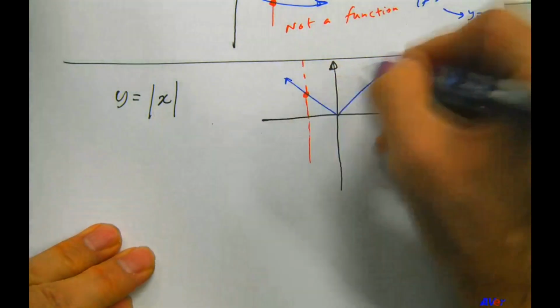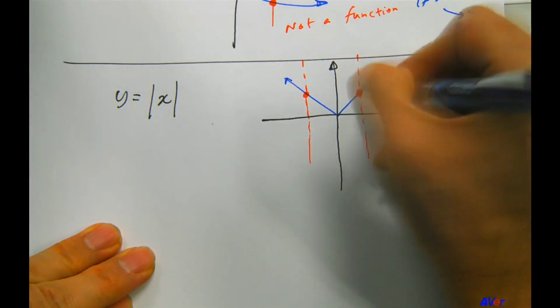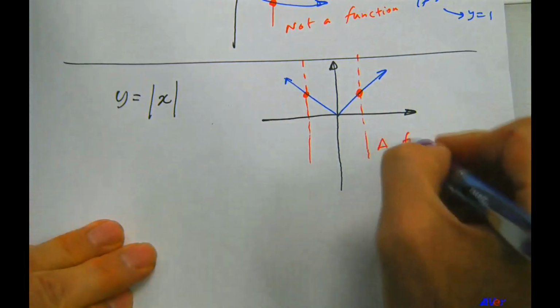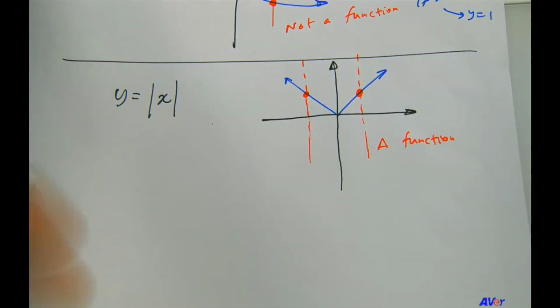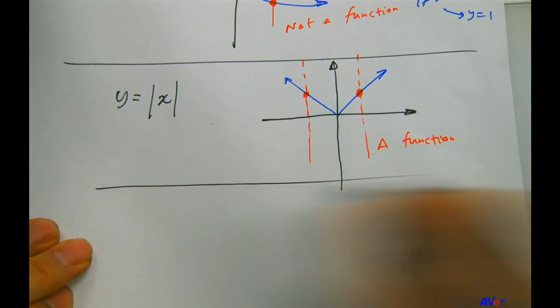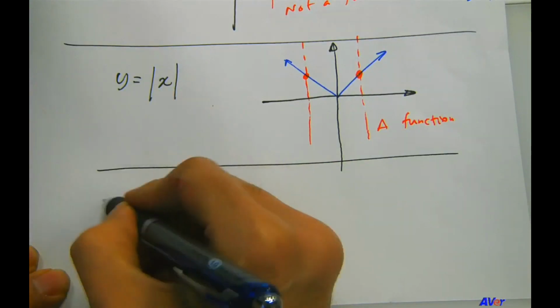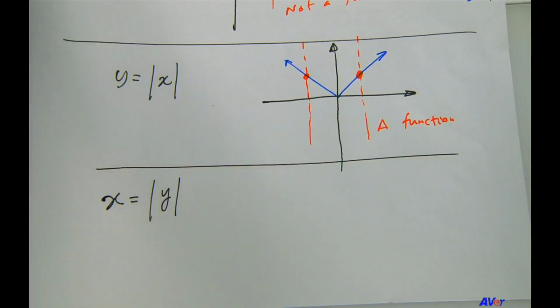It intersects the graph at one point, or anywhere along this. You can drop a vertical line, and it'll intersect the graph at one point. So this is a function. Right? But this function, if you switch these things around, so if you say x equals absolute value of y, then you end up with this graph.